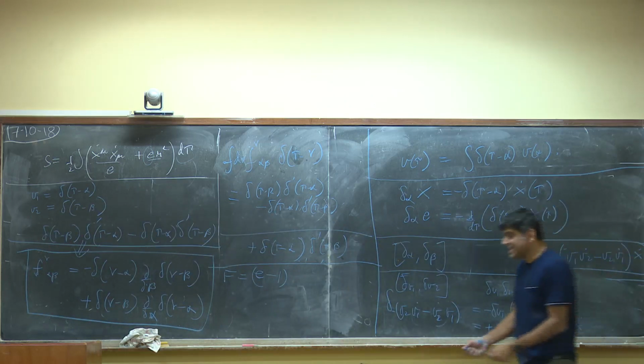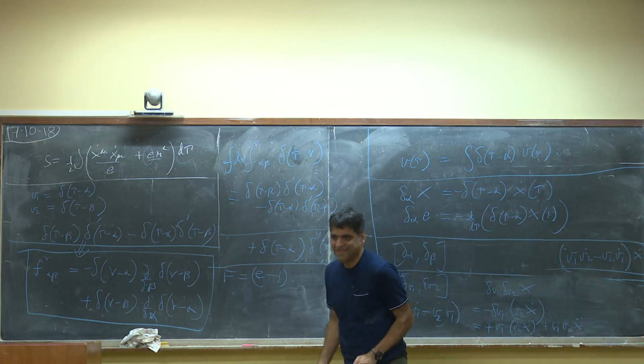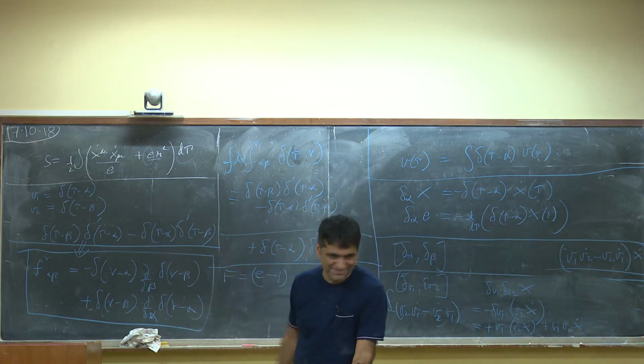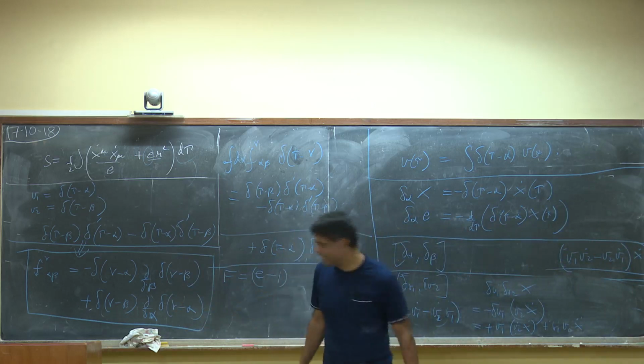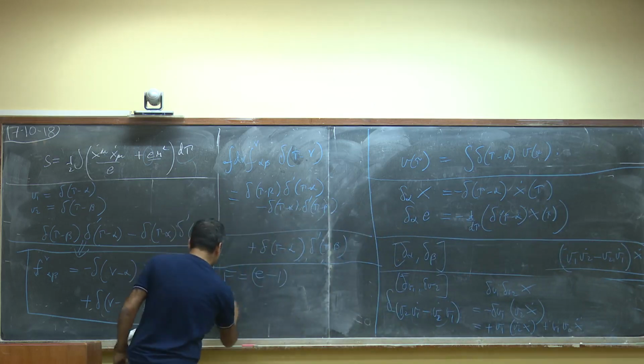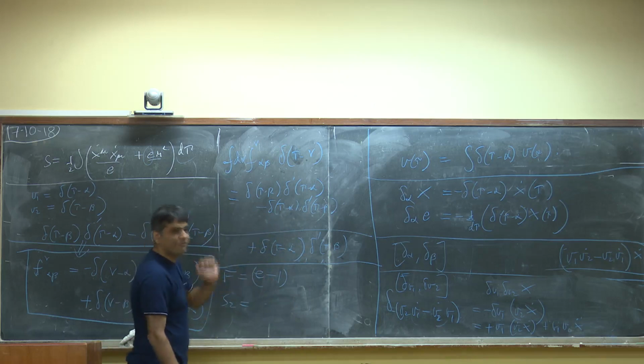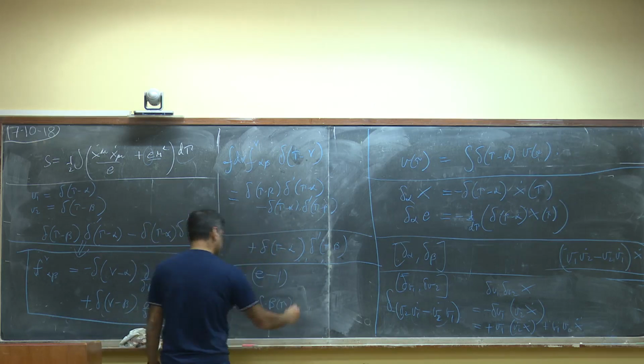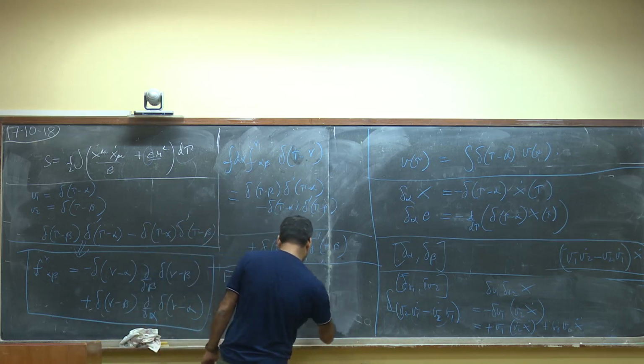We'll choose to do this at every value of tau. So the A index is also a spacetime index, a time index. And so S2 was equal to B^A F_A. So that is B of tau times e of tau minus 1.